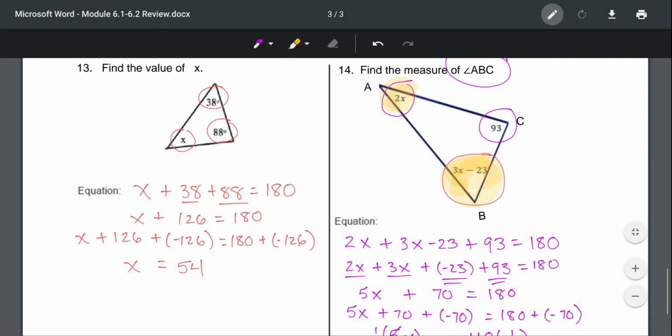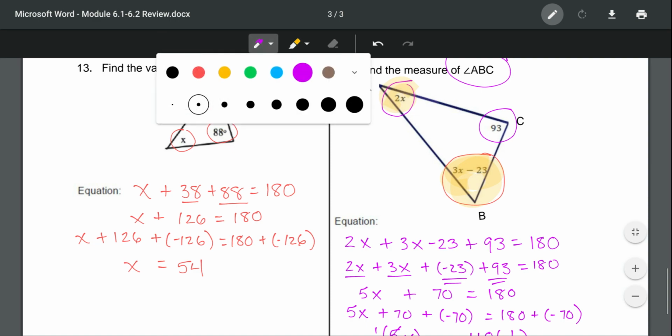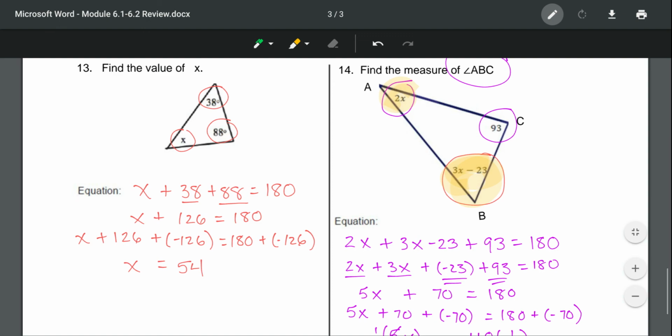So that would be 2 times x. The measure of angle A is 2 times x, and we found that x was 22, so 2 times 22, that would be 44 degrees.